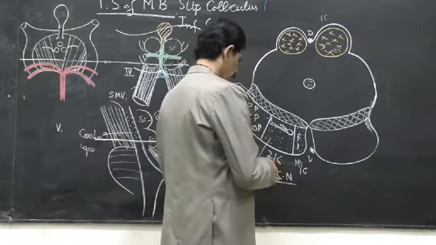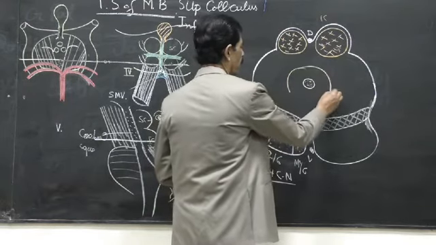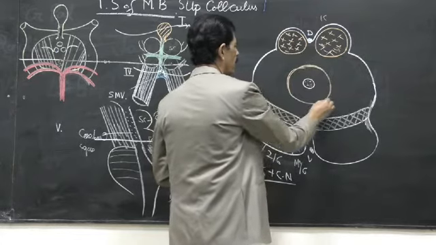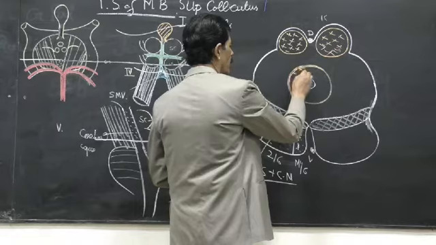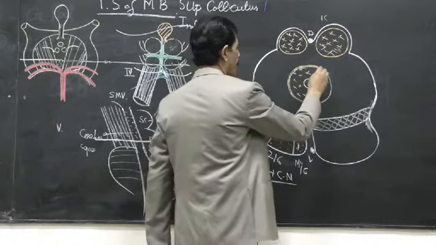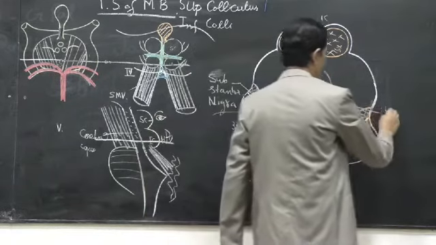and around this lies the central gray matter of the midbrain. It is also called the para-aqueductal gray matter.